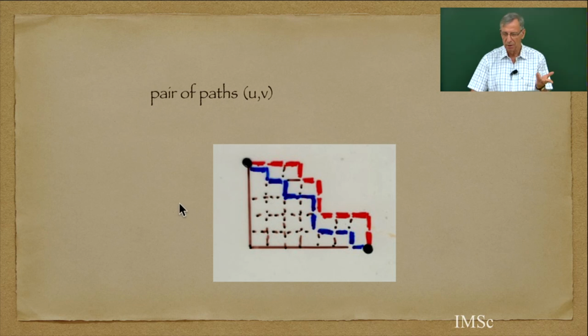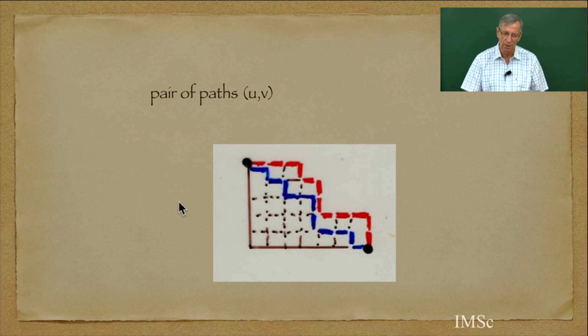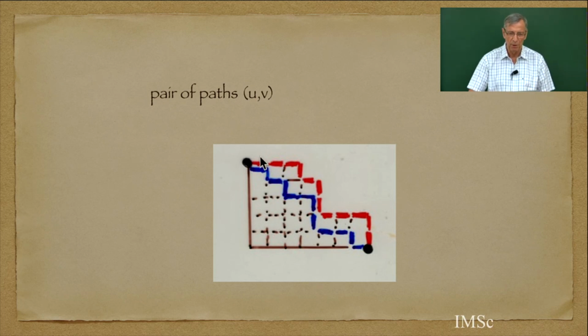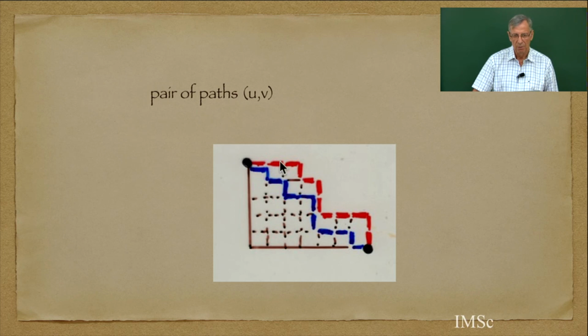The second interpretation of Catalan number I will need in this relationship between tableau and trees is tableau and pair of paths. So what is a pair of paths? It's two paths starting from this corner with east or south elementary steps going to this corner. They don't intersect except at the extreme points.